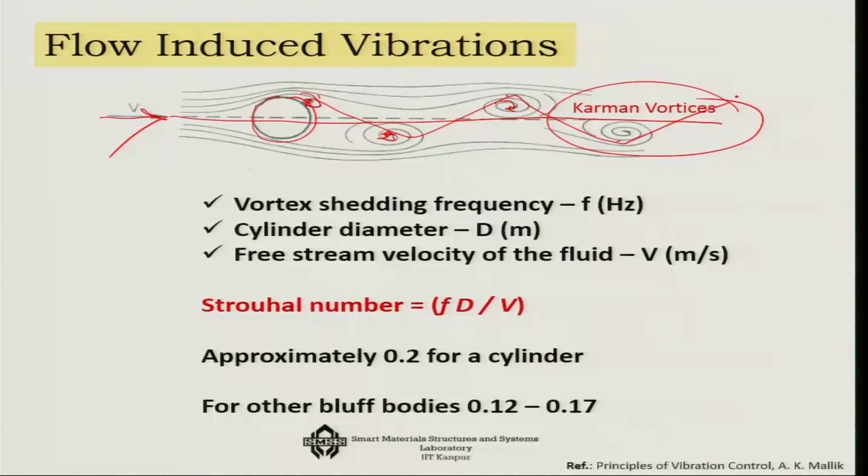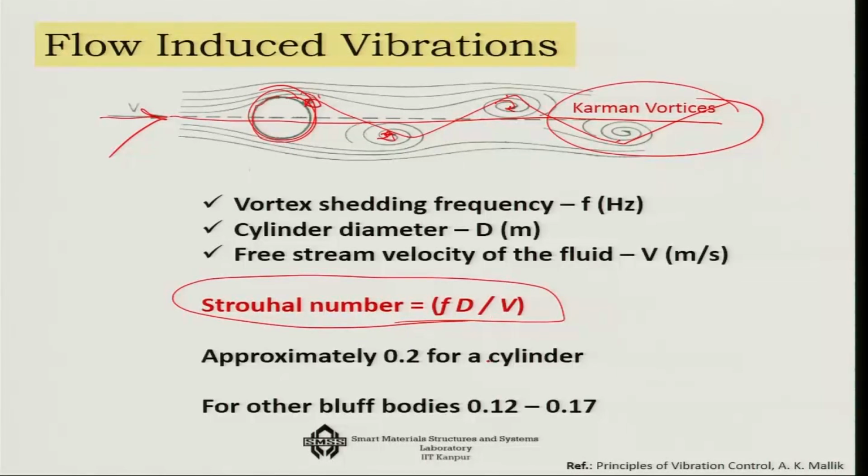Now, this vortex shedding frequency creates a kind of harmonic variation of lift force on this bluff body itself, and as a result this body starts to get excited. There is a number called the Strouhal number that determines this.